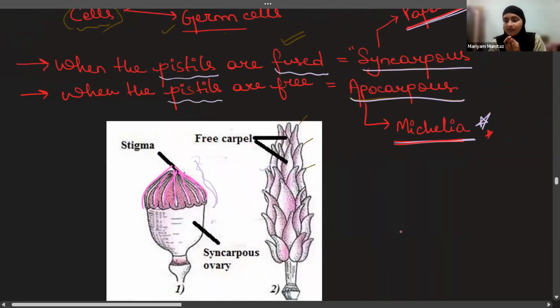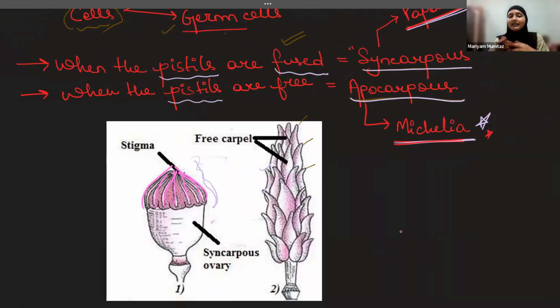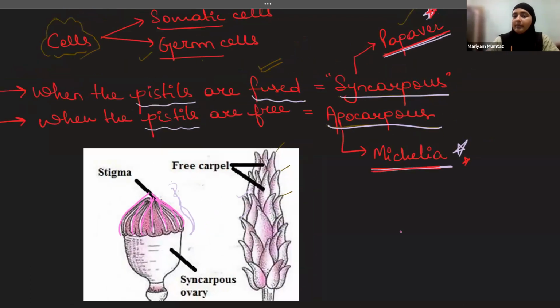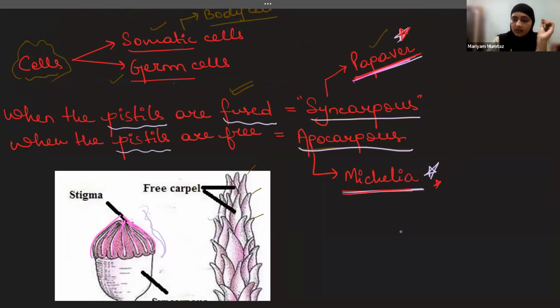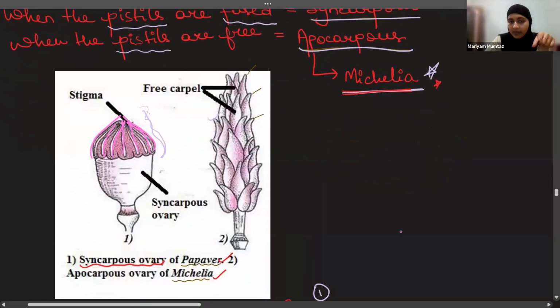Syn means fusion, right? Like syngamy. Syn means fusion and carpous is referring to the carpel condition. So syncarpous. This is found in papaver. There's a plant which is known as papaver, and this is very important. Syncarpous type of pistil or ovary is found in papaver. Now, if you look at the second part, you will see that all of it has free ends.